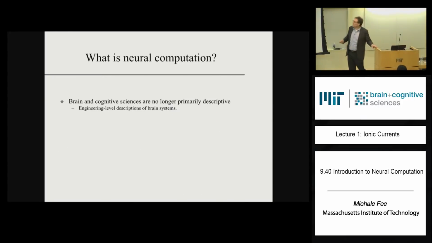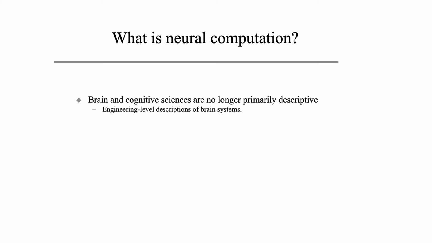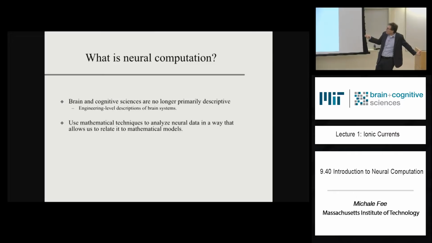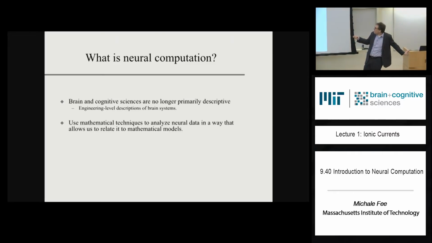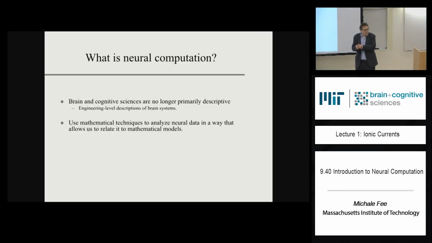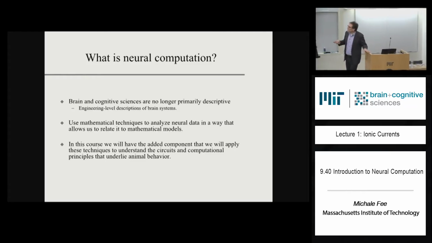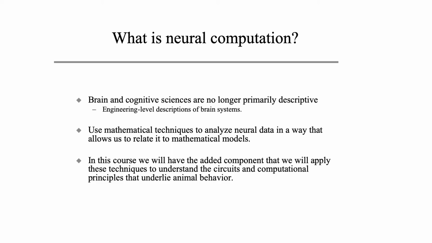So the challenge is to figure out how to not only make those models, but test them by taking data and relating the patterns of activity that you see in these very high-dimensional data sets. Do dimensionality reduction, compress that data down into a simple representation, and then relate it to those models that you developed, okay?